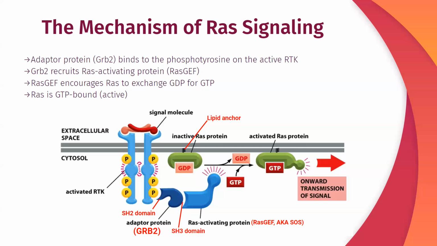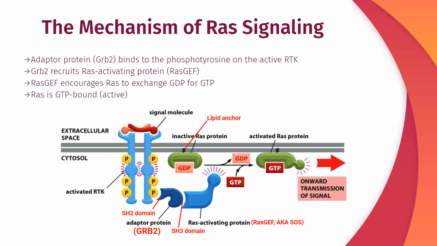Any questions? I'm sorry if I moved around a little. Okay, and so GRB2 is recruiting RAS GEF. Yesterday I went over what a GEF is. Anybody feeling brave? All right.